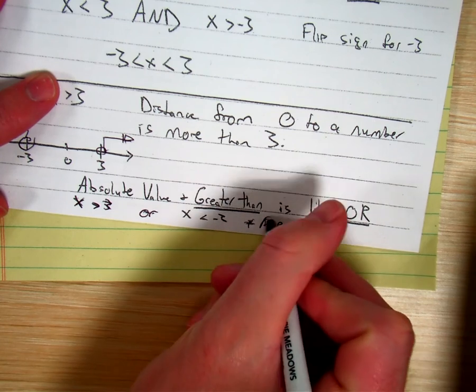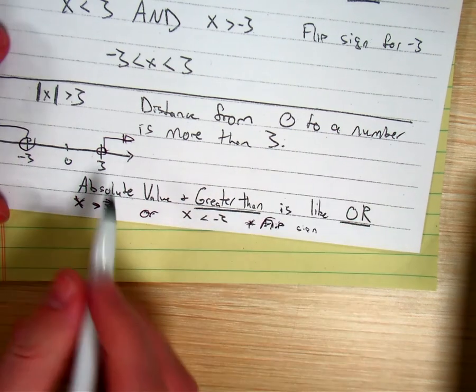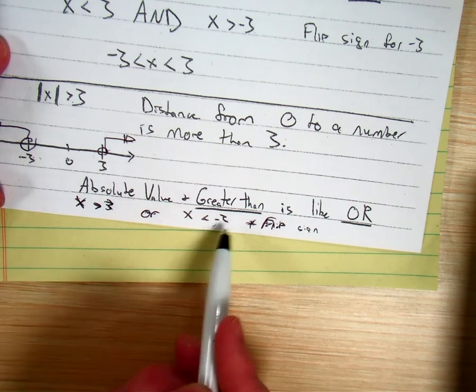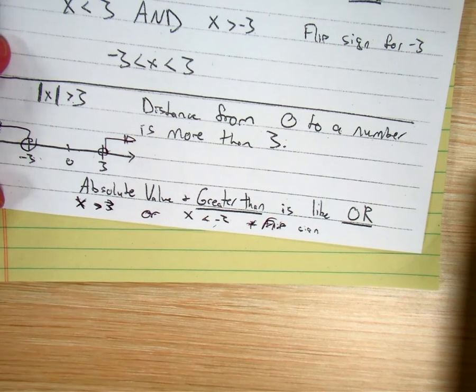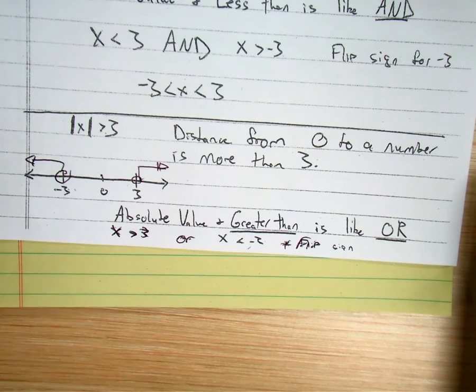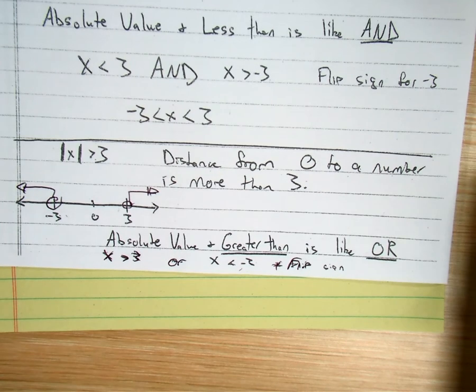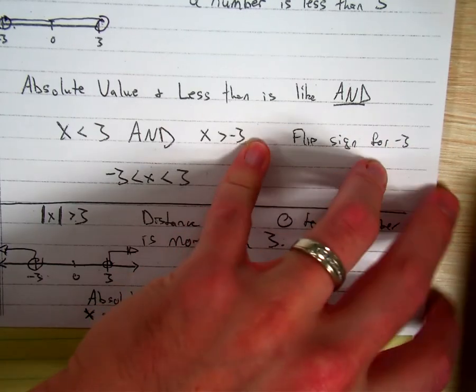And why did we flip that sign? Because this was greater than. Why did we flip this to a less than? Because now we were talking about negative 3, so flip your sign. Okay, so this is usually pretty tough to settle in your brain. So you might need to rewatch that again. Maybe it might make more sense after we do an example problem here.